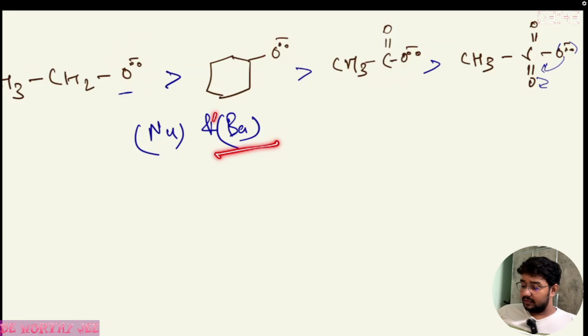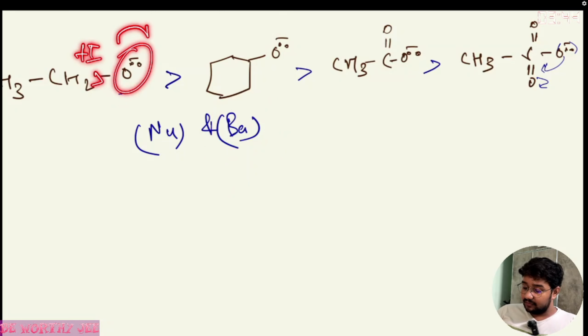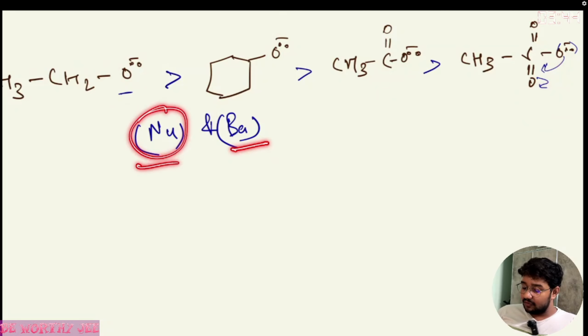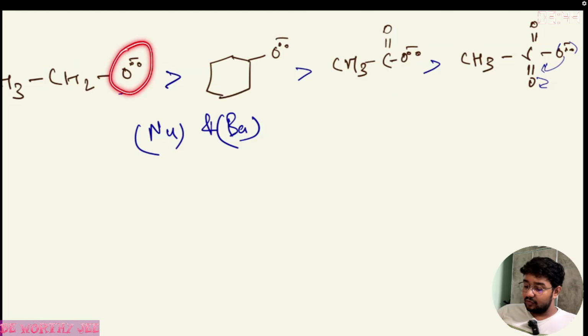See, you can easily predict the basicity order here, because the O minus doesn't delocalize, and the plus I effect is also there. So the basicity order is like that, because this is delocalized. But the nucleophilicity order here differs, because O has the more negative charge, and here because of this cyclic ring, this has hindrance.